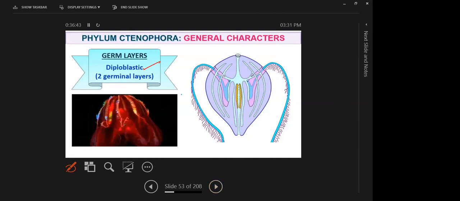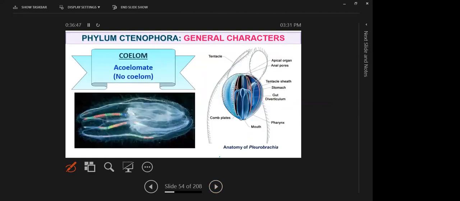So why do you call these comb jellies? Exactly, comb plates. They have comb plates, you can see here. Where is the mouth? It is inverted like this. Gut, diverticulum.